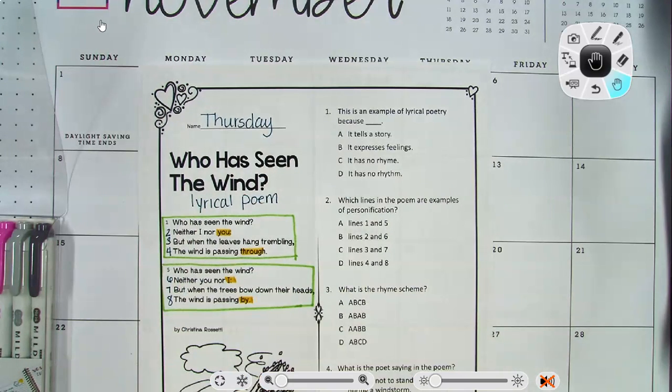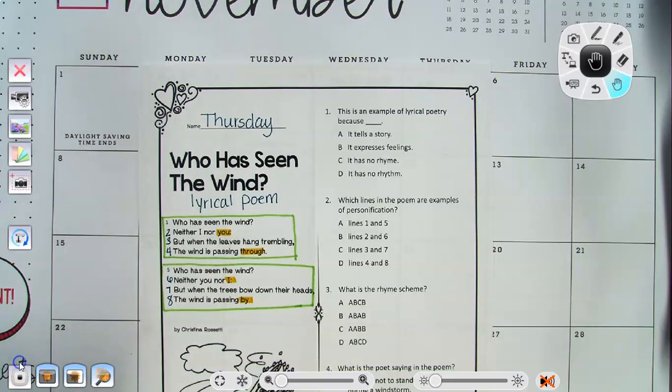A lyrical poem is a poem that expresses feeling.